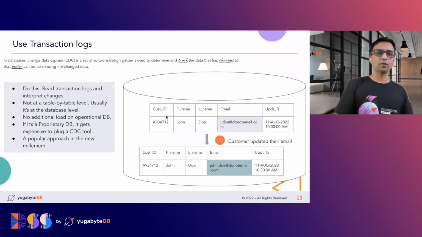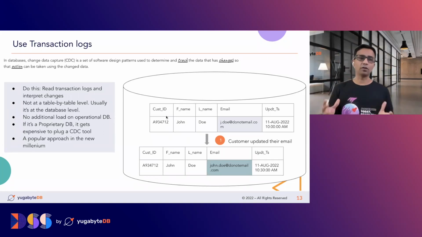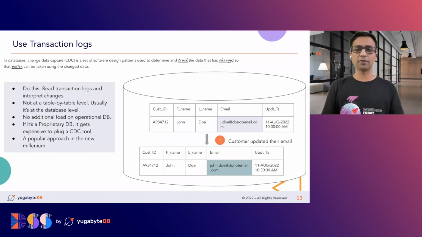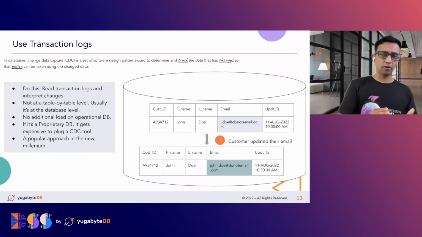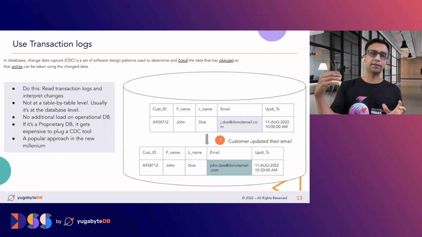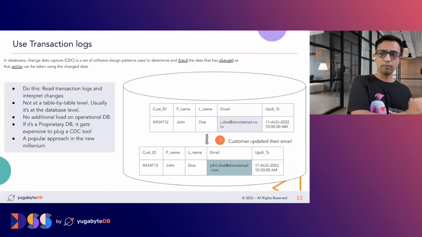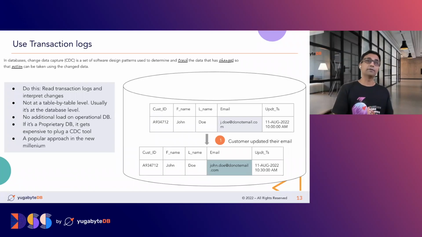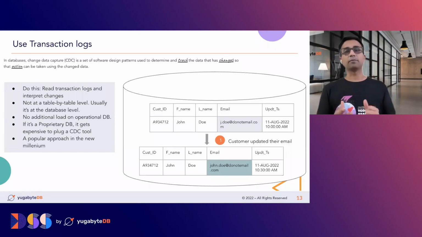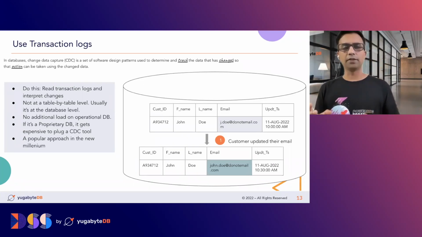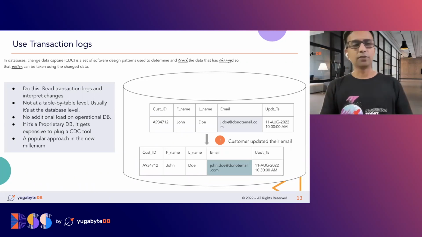Then came the whole idea of using the transaction logs. This doesn't put any additional stress on the database because you are basically consuming the logs. And if there is a way for you to interpret the logs, then you know all the changes that have happened, and you can process them and update any other downstream databases that are out there. Now, if the database technology happens to be something proprietary like Oracle or SQL Server, then you will end up having to buy a CDC tool, and usually that's expensive.